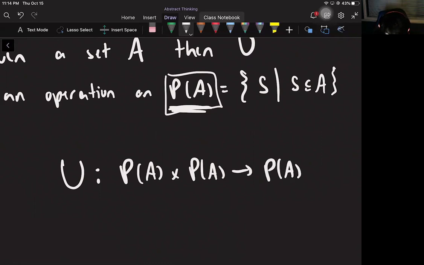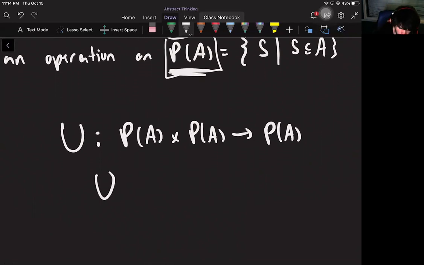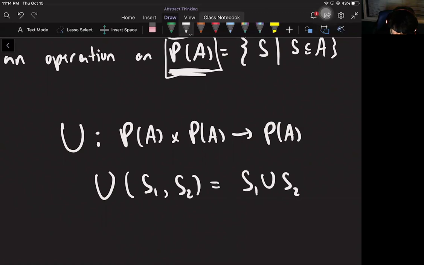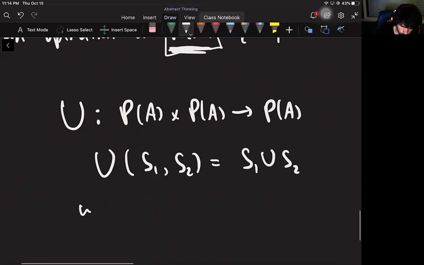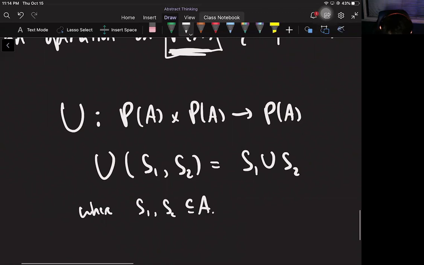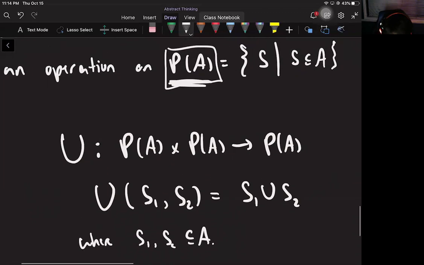And union does do that, because union can take one subset of A and another subset of A, and if I union them, it's still going to be a subset of A.